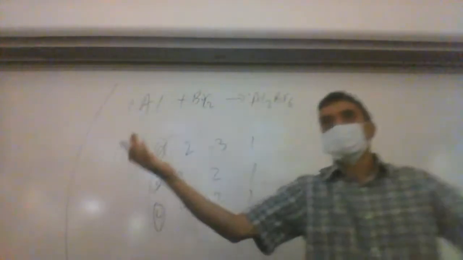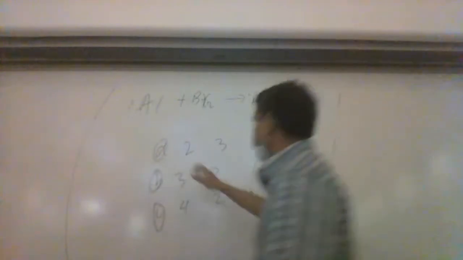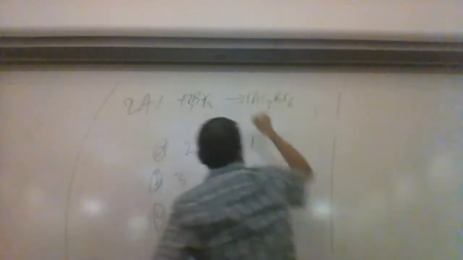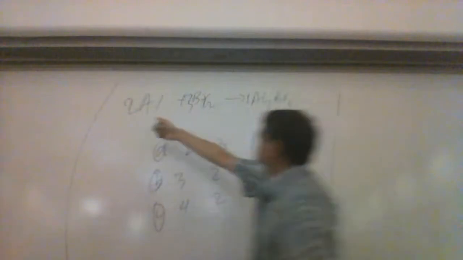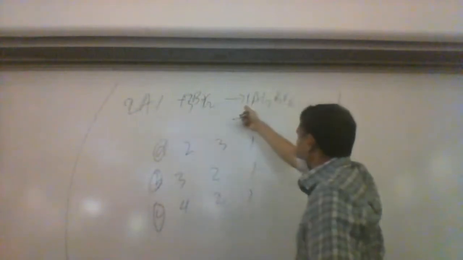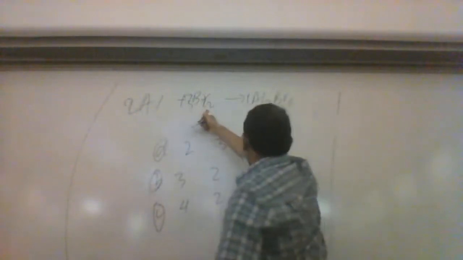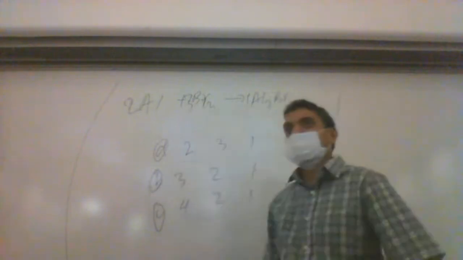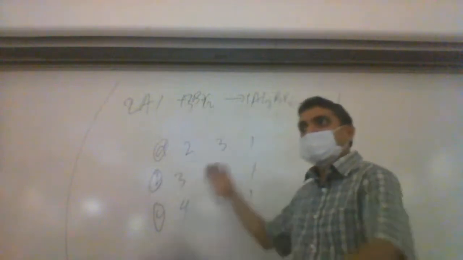Which one makes the balance? If you put 1, 3, and 1 here, it's already balanced. See that 2Al here, Al2, 2 multiplied by 1, 2Al. So 3Br2 is 6, and Br is already 6. That makes this equation balanced. Make sense?